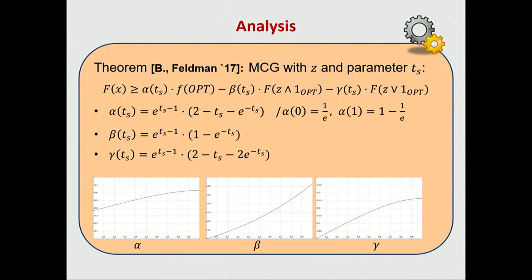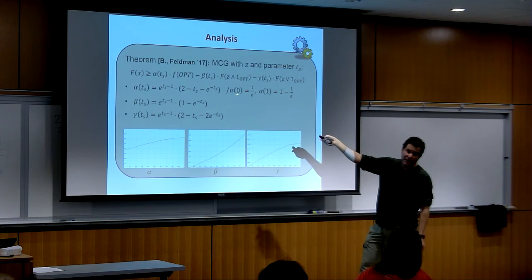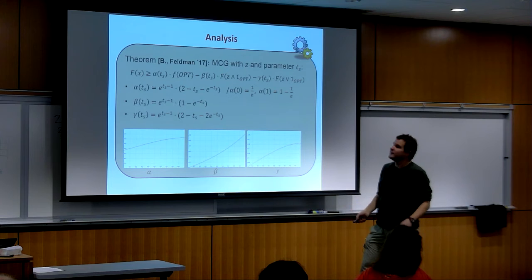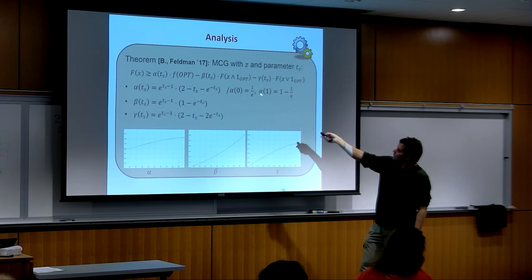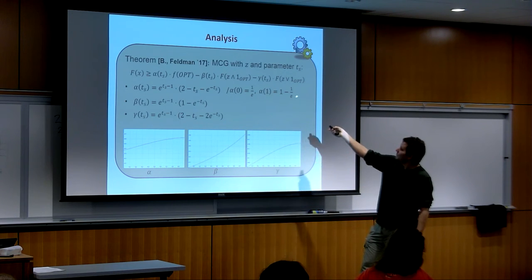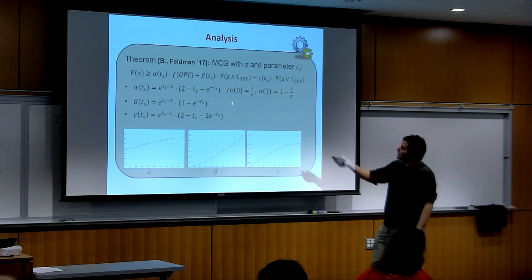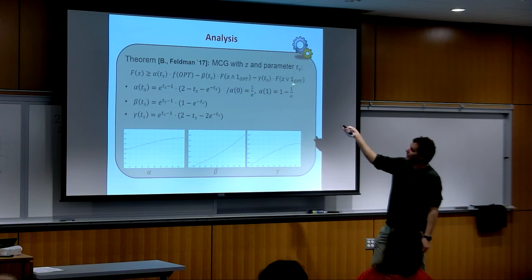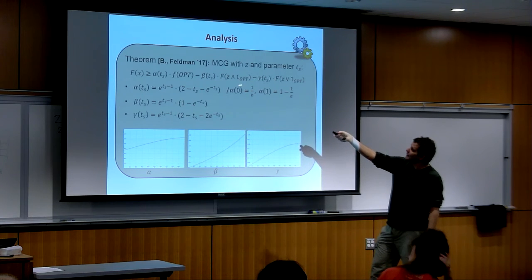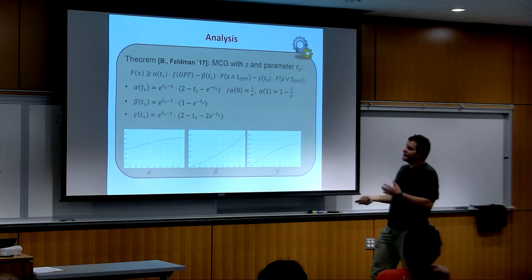Alpha of ts is 1 over e if you run just the simple greedy, but if you put ts equal 1, it gives you 1 minus 1 over e. So it gives you a lot of value of opt, but it also destroys value. The value is destroyed by the intersection of z and opt and by the union of z and opt.